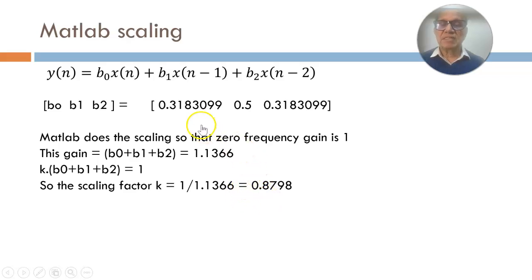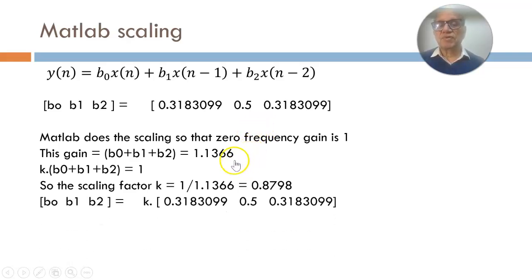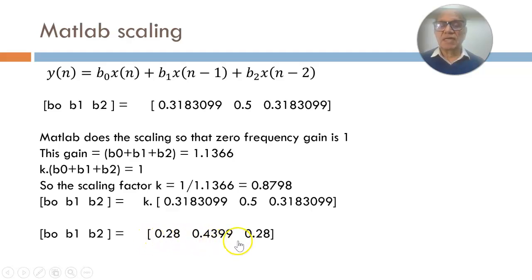What it means is that each of these coefficients has to be multiplied by 0.8798 so that the array of coefficients ensures the zero frequency gain is 1. If you multiply each coefficient by k, the result is 0.28, 0.4399. So this is somewhat different from this.